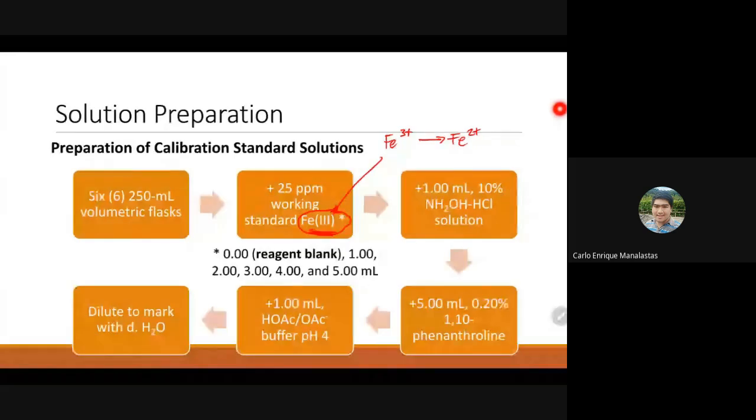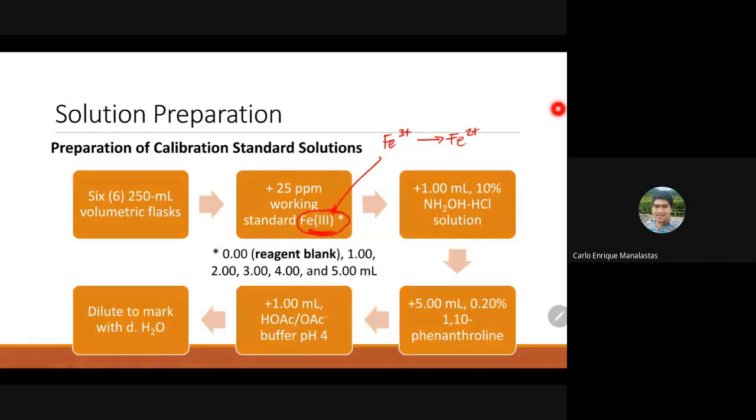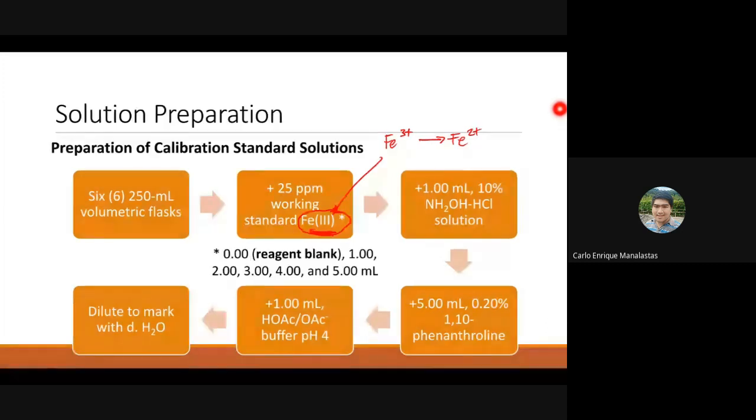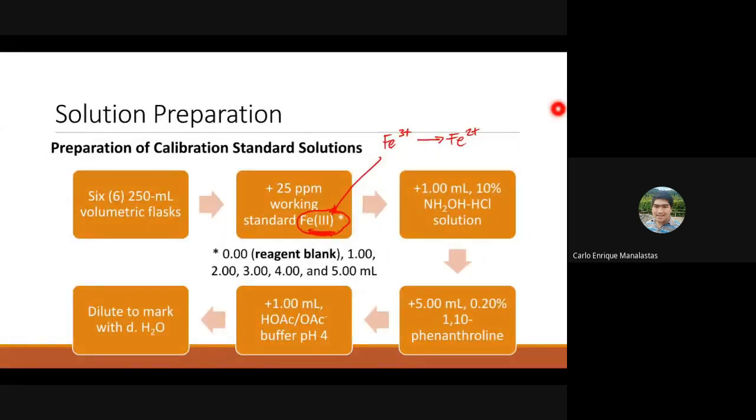So you will add these amounts of your working standard iron(III) solution into your volumetric flask. Then you will add these reagents: 1 mL of 10% hydroxylamine hydrochloride solution.